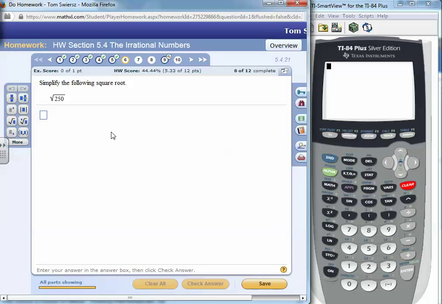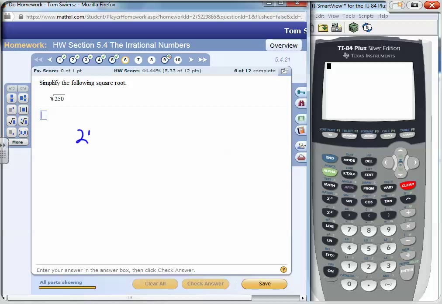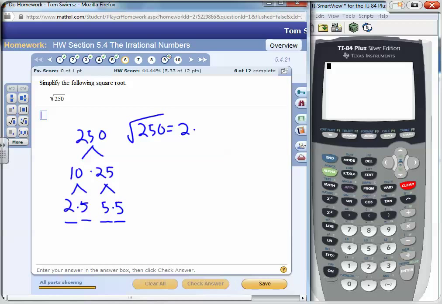All right, square root of 250. Again, 250, you can start the prime factorization any way you want. 10 times 25, right? 10 is 2 times 5. 25 is 5 times 5. Prime, prime, prime, prime, right? So the square root of 250 is the square root of 2 times 5 times 5 times 5. 3 5's and 1 2.